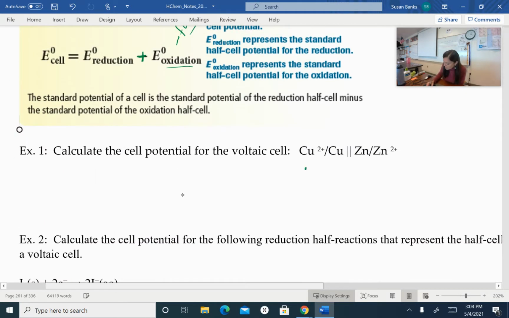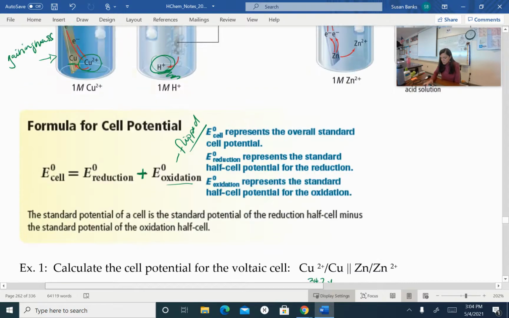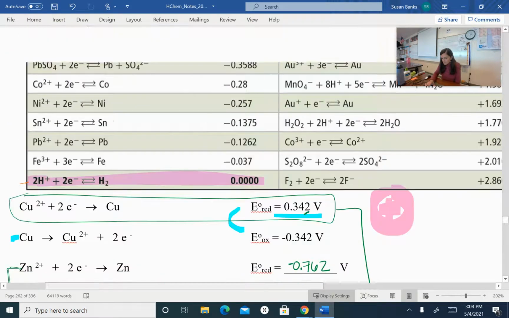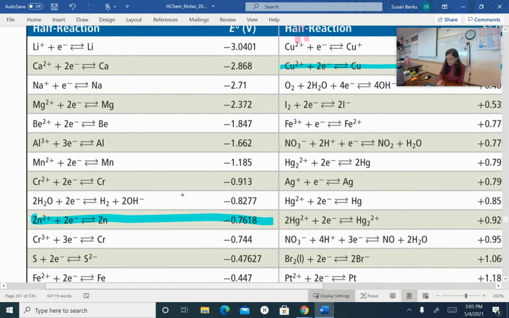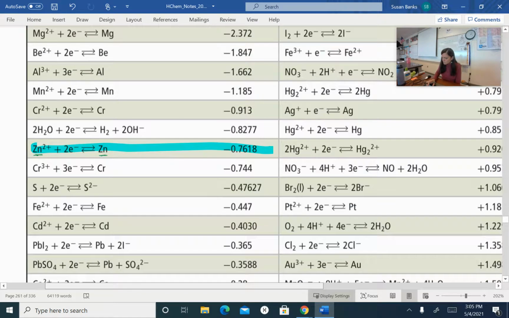So this is a positive 0.342 volts. And zinc solid to zinc plus 2. If we look on our cell potential table, zinc solid going to zinc plus 2, so it's going to be the reverse of this, is going to be a positive 0.762.